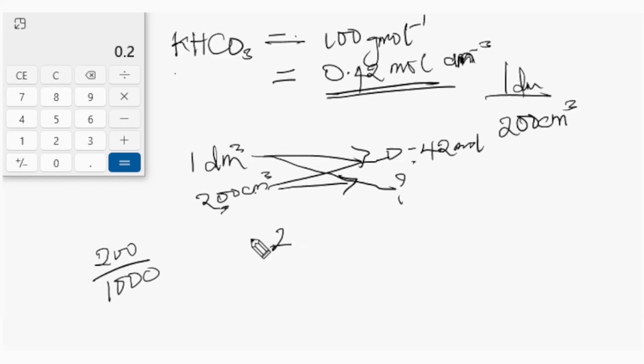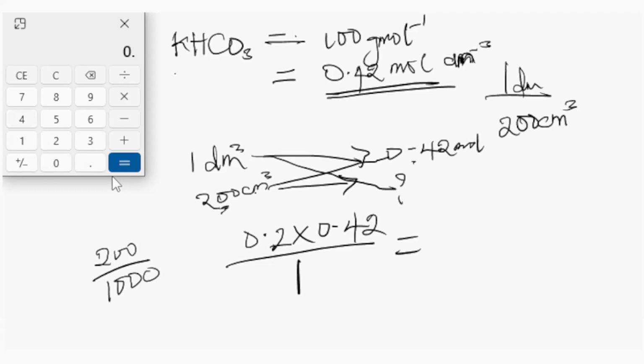So we have 0.2 times 0.42 over 1 dm cube here. Let's multiply this out. 0.2 times 0.42 will give us 0.084 moles of this.